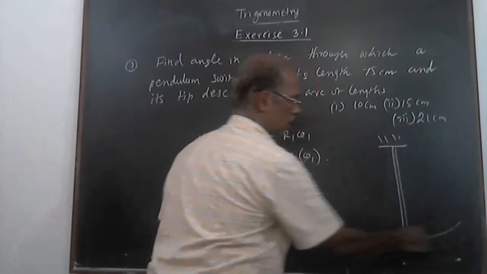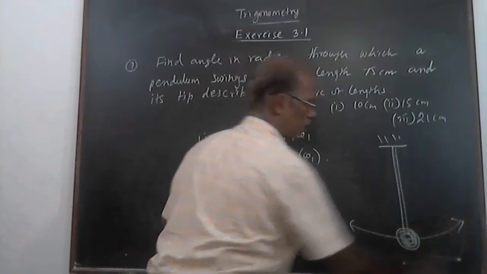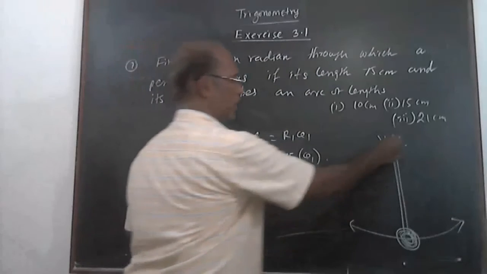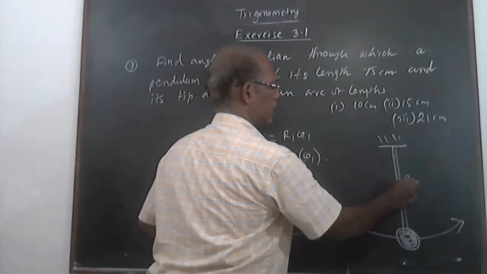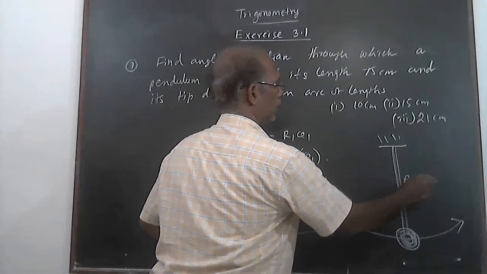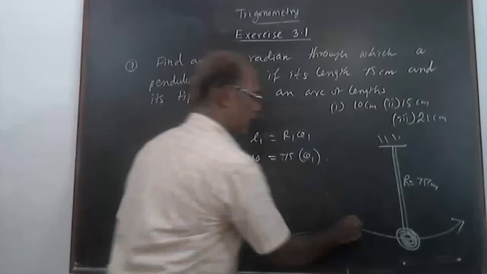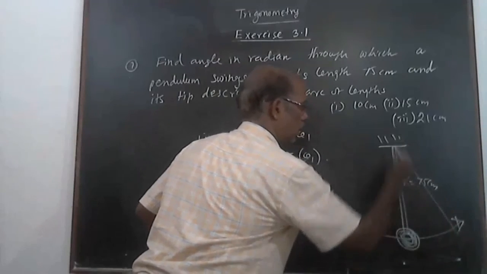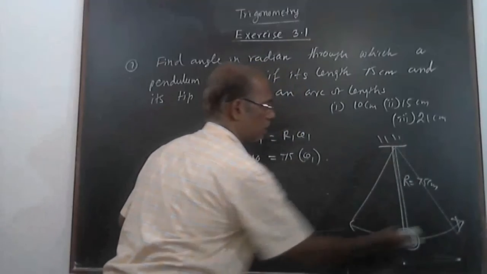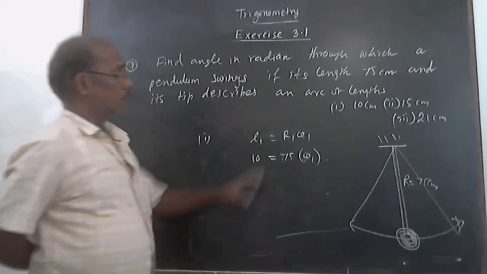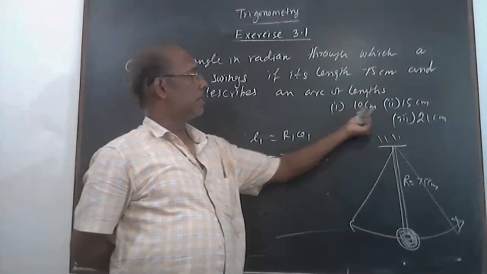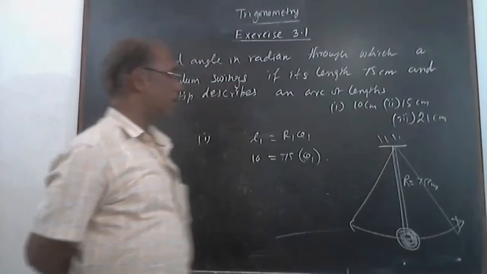This swings like this. This is a simple pendulum. This length is taken as R equal to 75 centimeter. The right extreme, this is the left extreme, this is the arc length. In three different cases, 10 centimeter, 15 centimeter, and 21 centimeter are given.